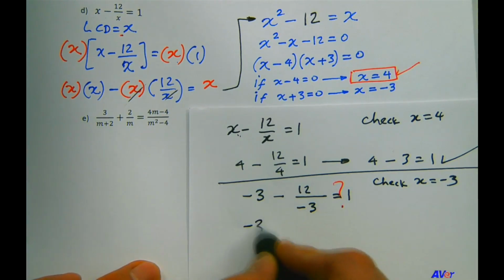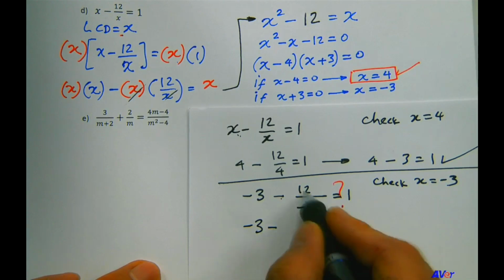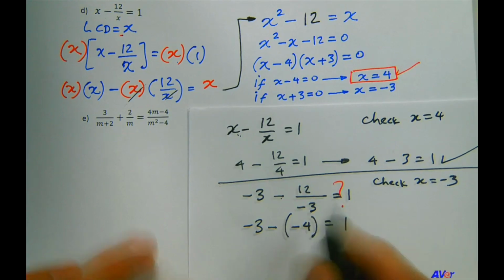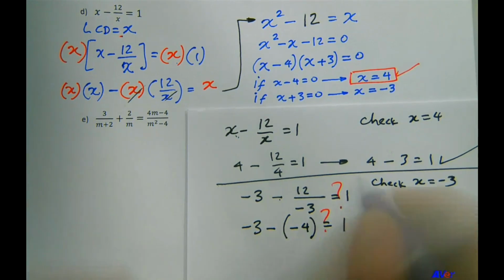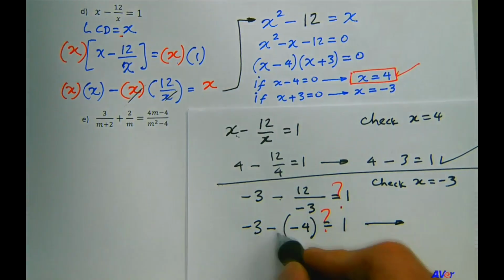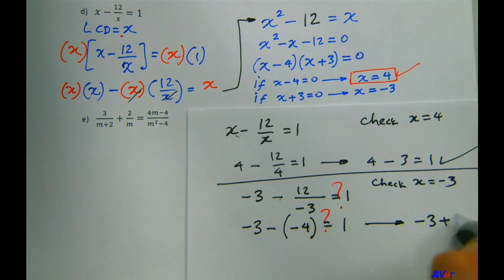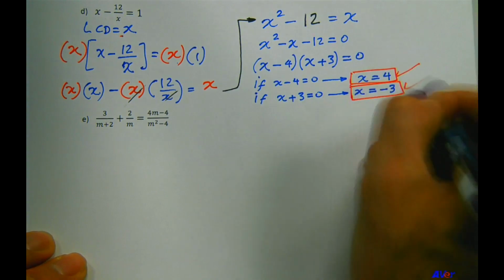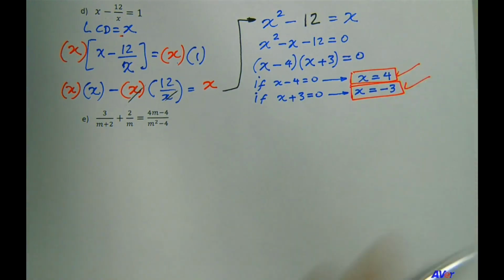So -3 minus 12 over -3, it's -4, right? Equals 1. We're asking if that is true. Okay? So -3 minus -4 equals 1. And this is 1 equals 1, so yes, it checks out. So we just checked, and both of these answers check out. That's fine. We accept both.